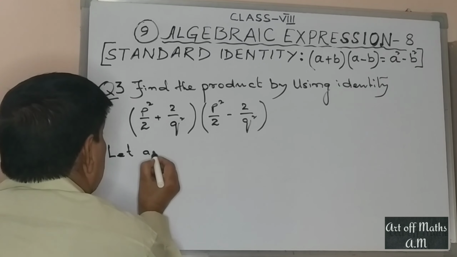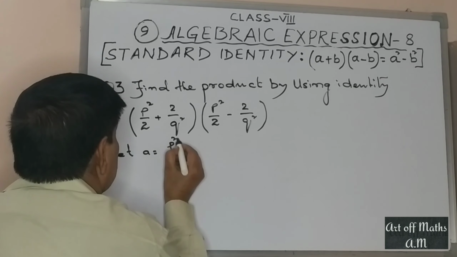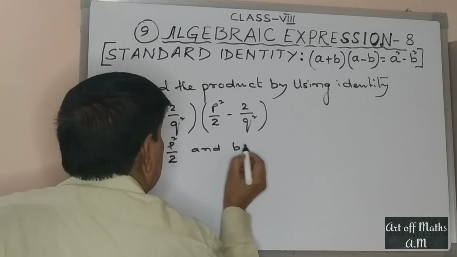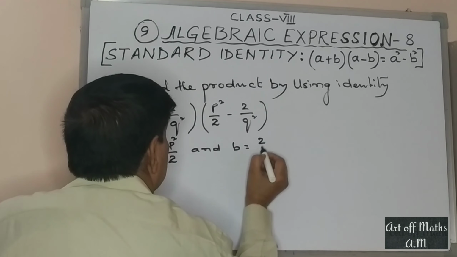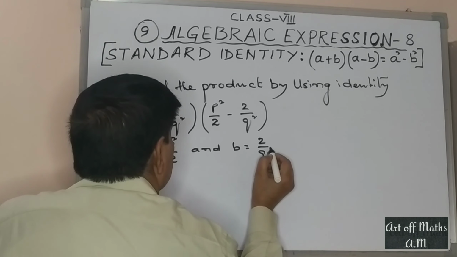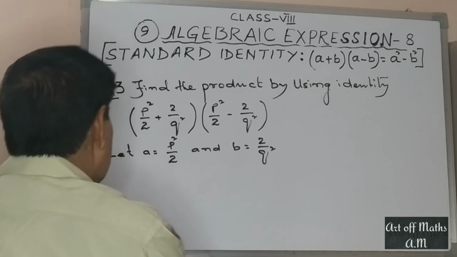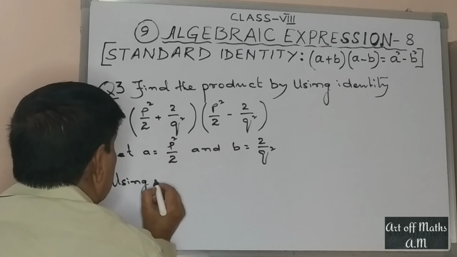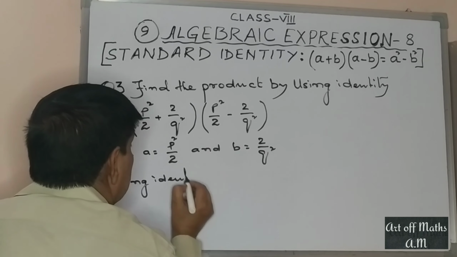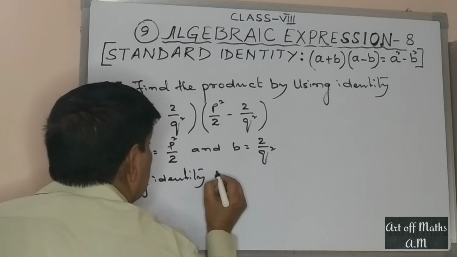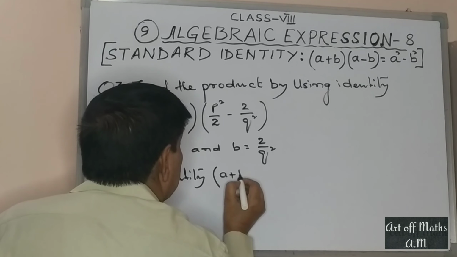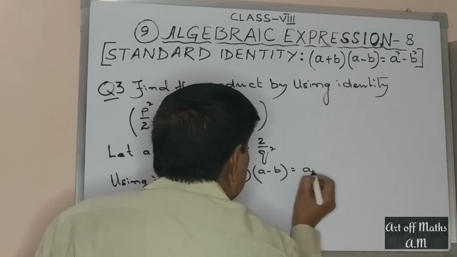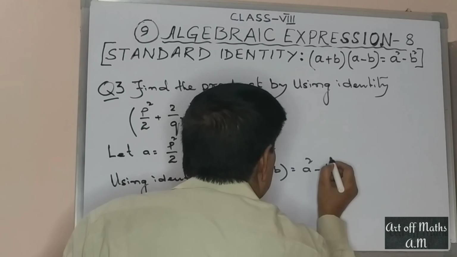Let a equal to p square by 2 and b equal to 2 by q square. Using the identity, that means (a plus b) into (a minus b) equals a square minus b square.